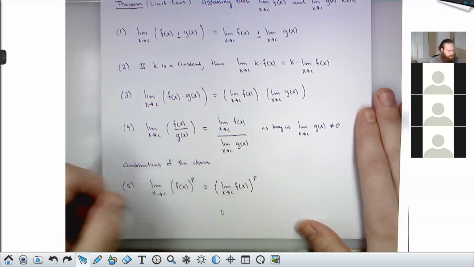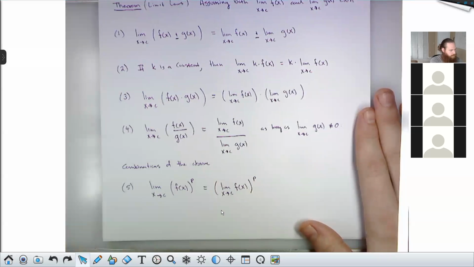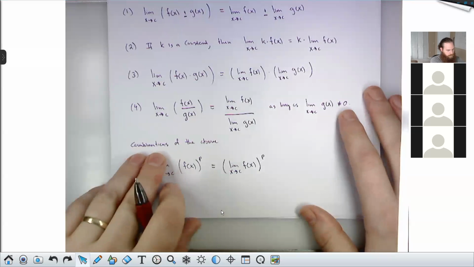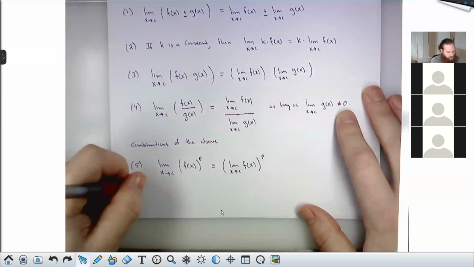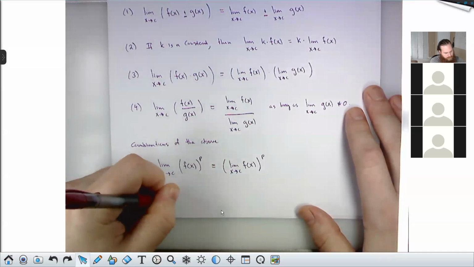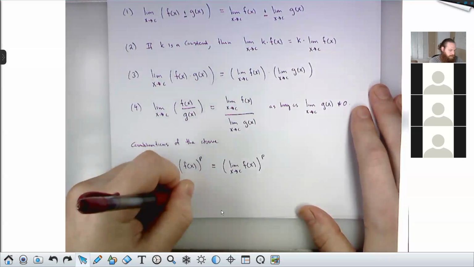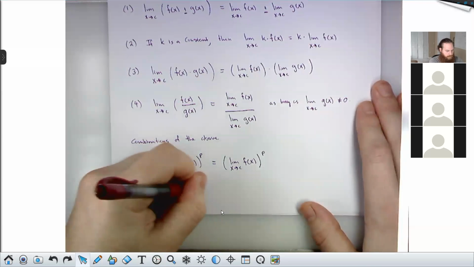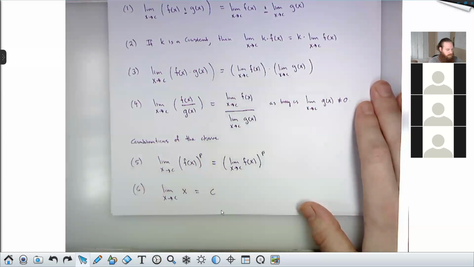And let's see, I'd like to squeeze in 2 more here. Let me call these special cases. The limit as x goes to c of x itself is just c.